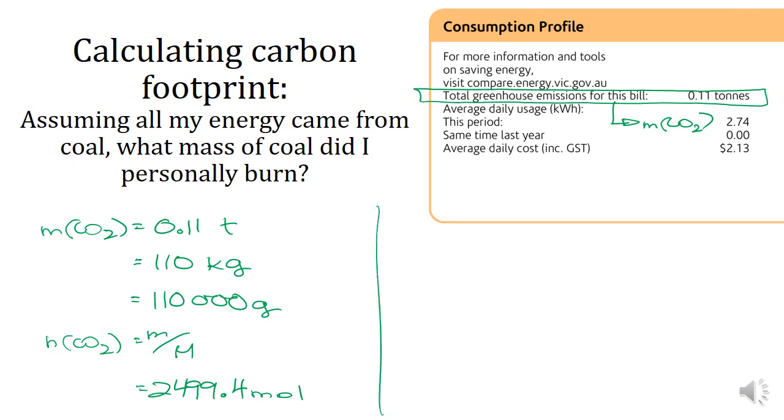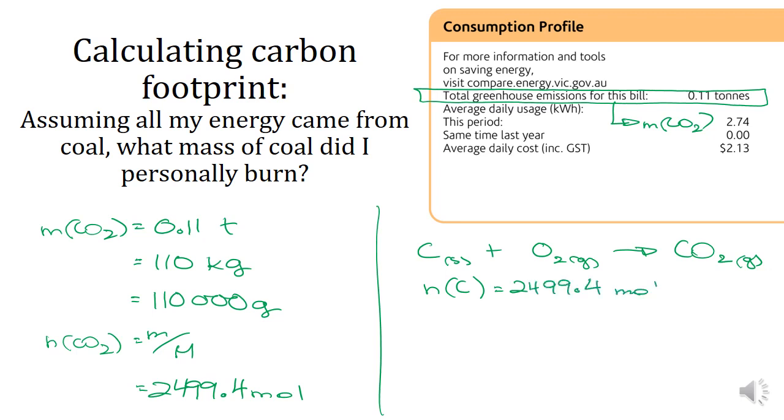So, assuming that what I've burnt is pure coal, I have C solid plus oxygen gas forms CO2 gas, which means that my n of coal that I've burnt is 2499.4 mole.